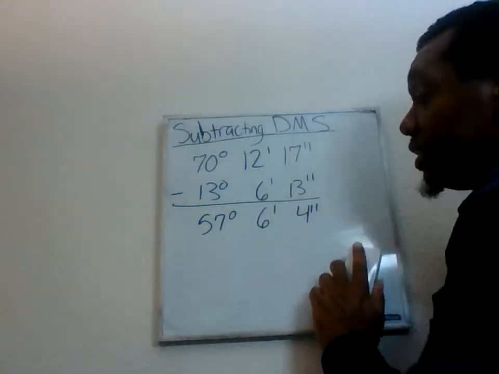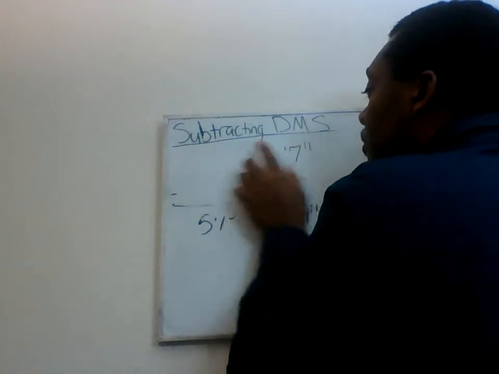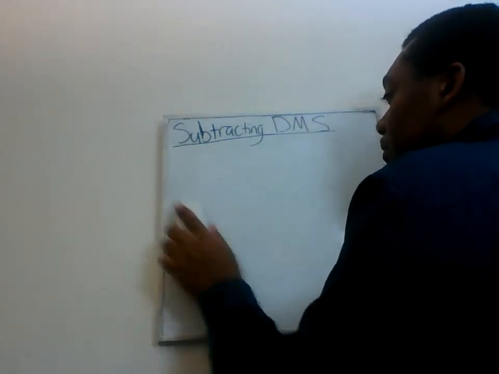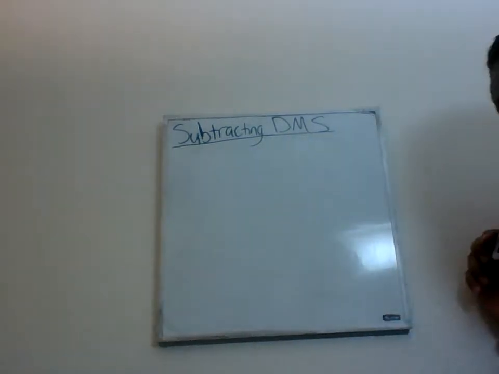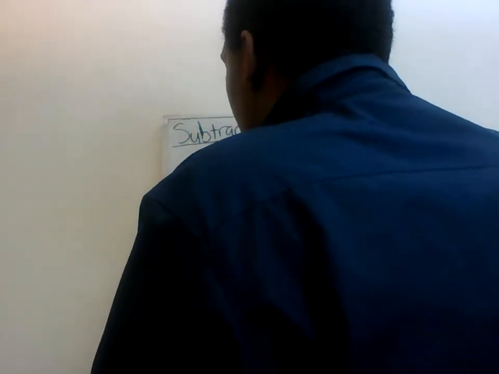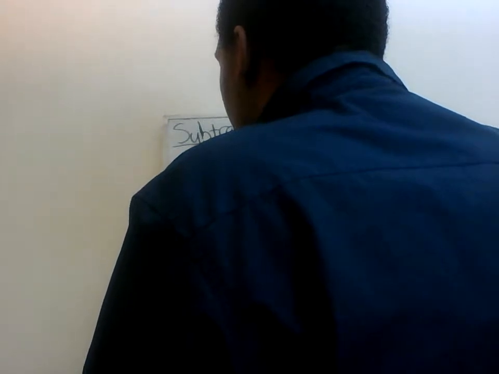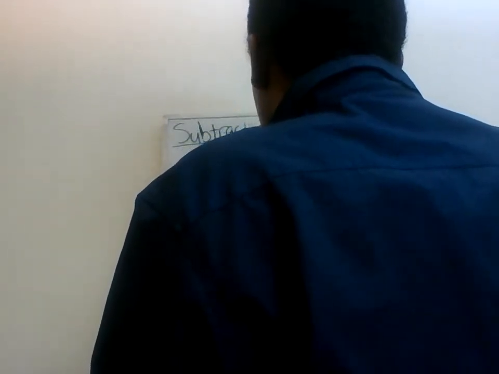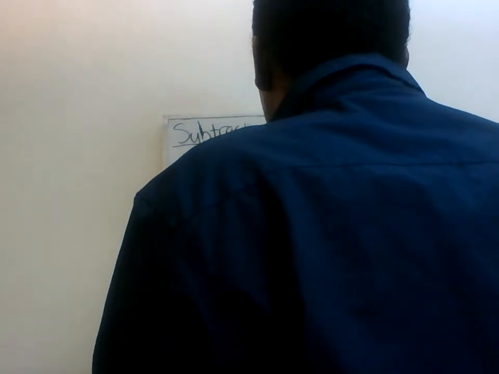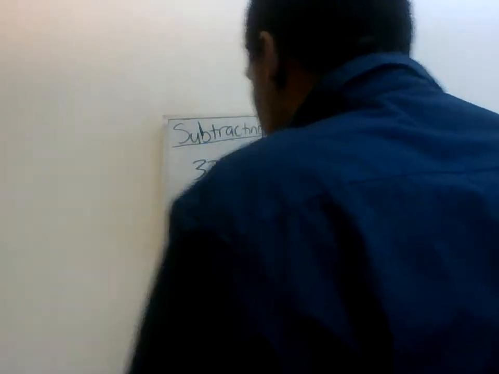So I'm going to erase here. So let's say, for instance, we have 32 degrees, 11 minutes, and 13 seconds. And then for the second number, we have 14 degrees, we have 17 minutes, and we have 42 seconds.